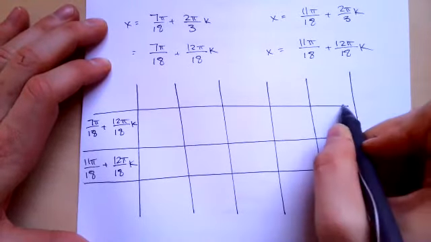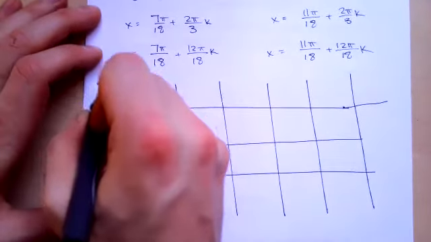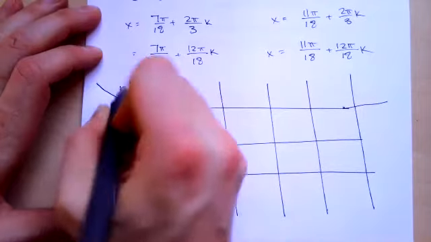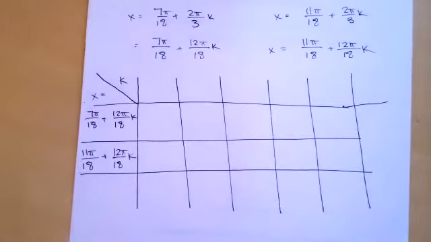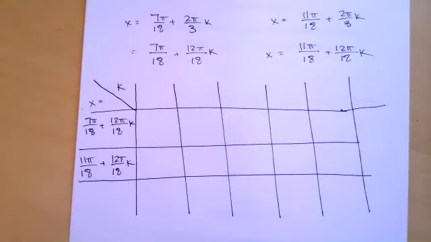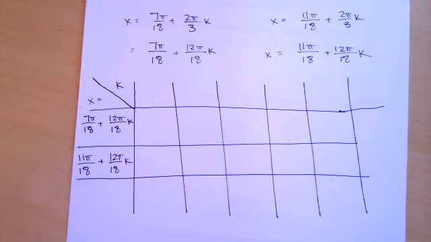And the column headings are just going to be different values of k. So our rows are our sequences, our general solutions, and our columns are different values of k.